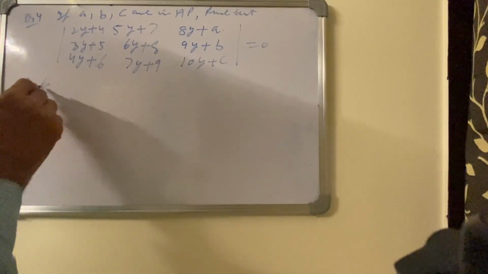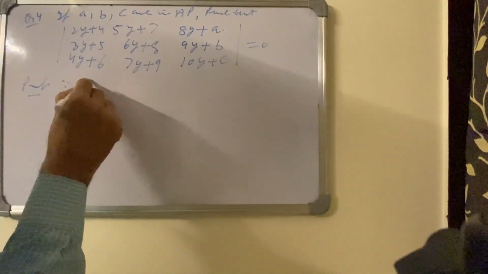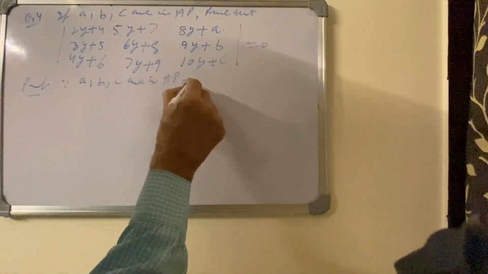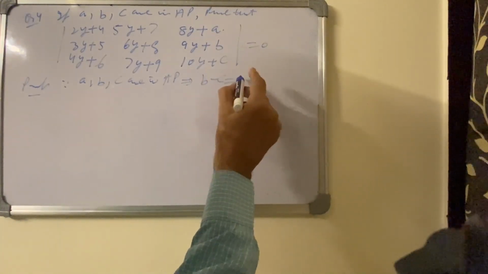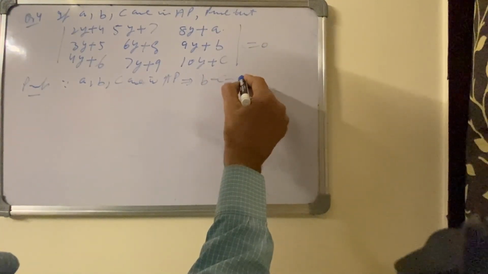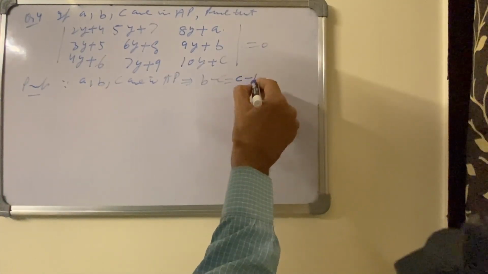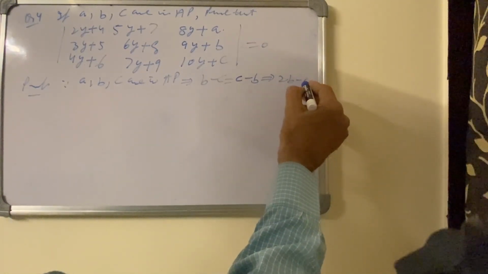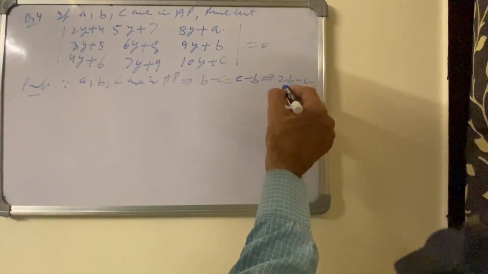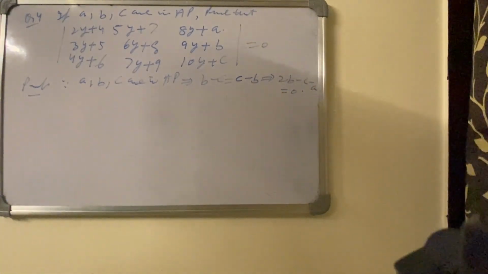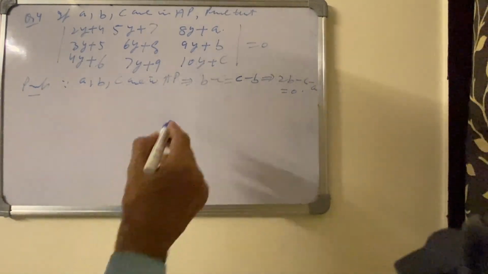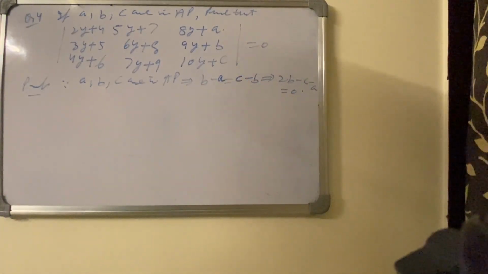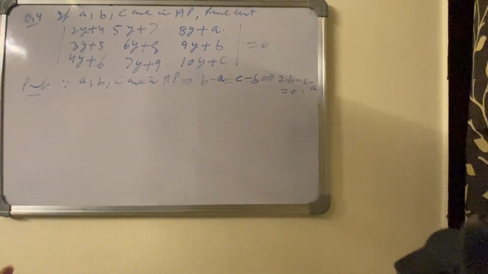Proof: since A, B, C are in AP, therefore B minus A is equal to C minus B. So 2B minus C minus A is equal to 0.